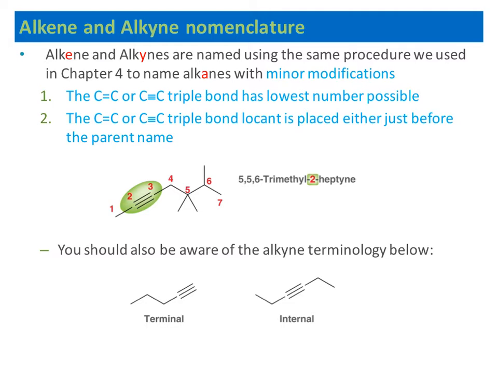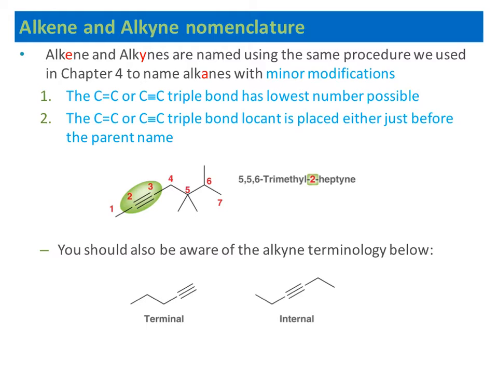So if you look at this example, we need to number this molecule from left to right, because if we do that from right to left, yes, the substituent would get the lowest number possible, but it doesn't matter. So we want the alkene and alkyne to get the lowest number possible. So this is the correct way of numbering here.